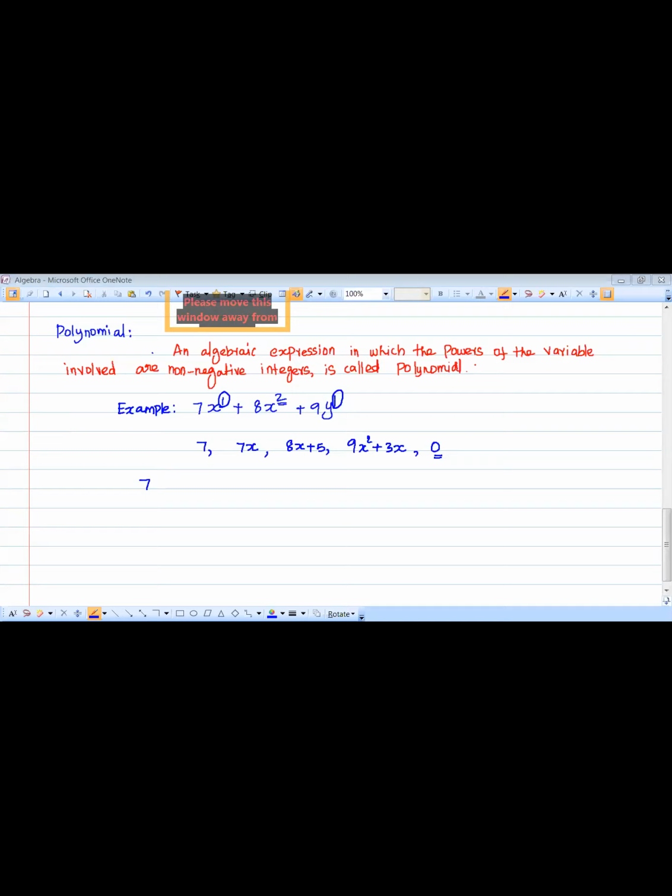Try to understand, you should not get any confusion about that. Zero is a polynomial. It is called the zero polynomial. Note it down. So 0 is a polynomial and it is called a zero polynomial. So 7 is also a polynomial, 7x is also a polynomial, 8x plus 5 is also a polynomial.